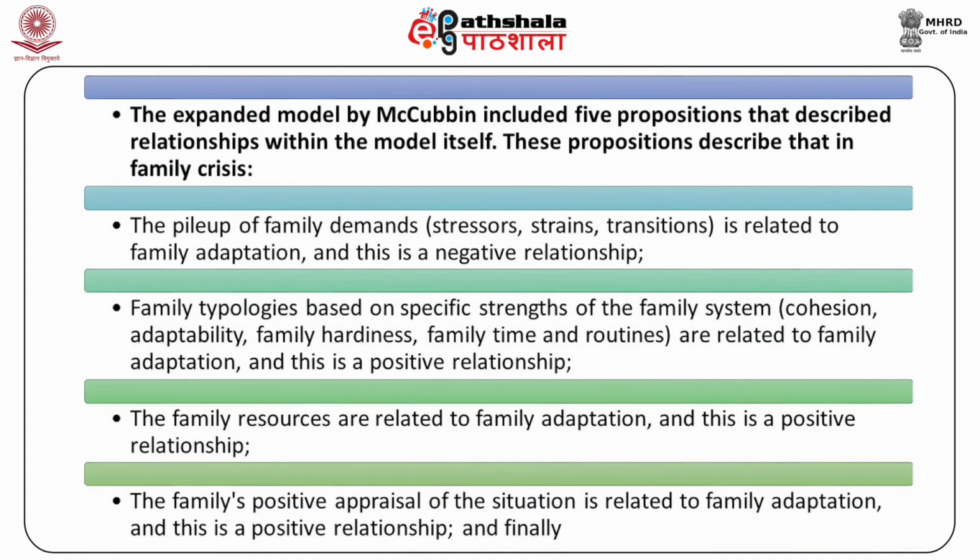The expanded model by McCubbin included five propositions that describe relationships within the model itself. These propositions describe that in family crisis, number one, the pile-up of family demands, that is stressors, strains and transitions, is related to family adaptation, and this is a negative relationship.